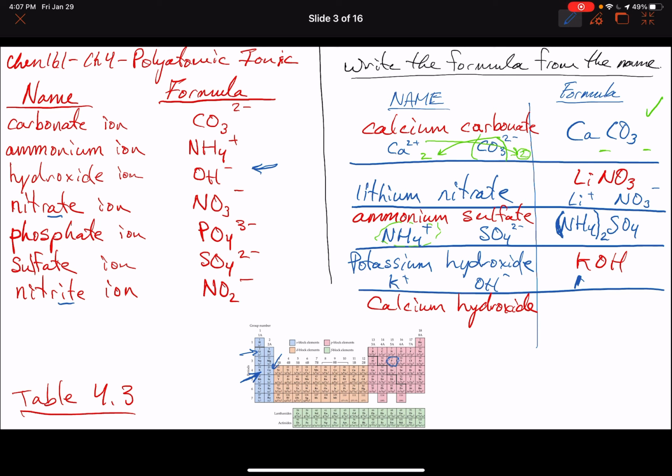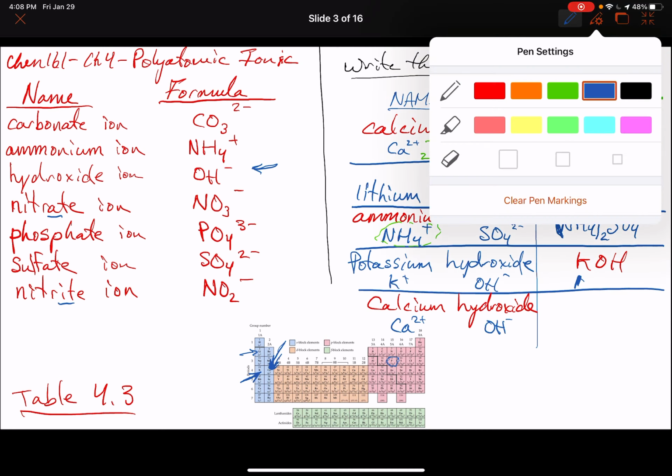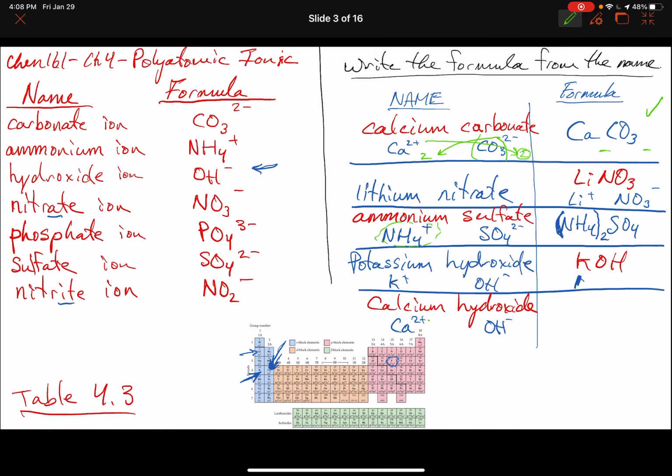Okay, and in the last case, we have calcium hydroxide. We see calcium, again, like we saw in the top example. So this is calcium 2 plus for the same reasons we saw above. The hydroxide we've memorized already, so that is OH minus. We can use our cross-drop tricks and put the 2 there and the 1 there.